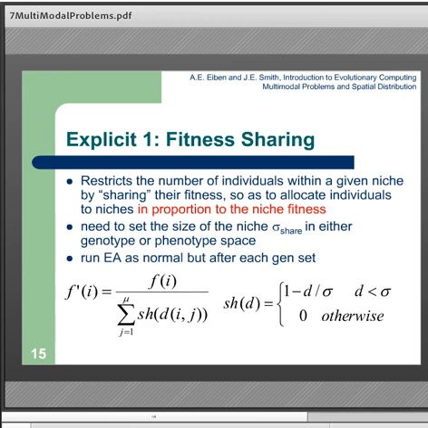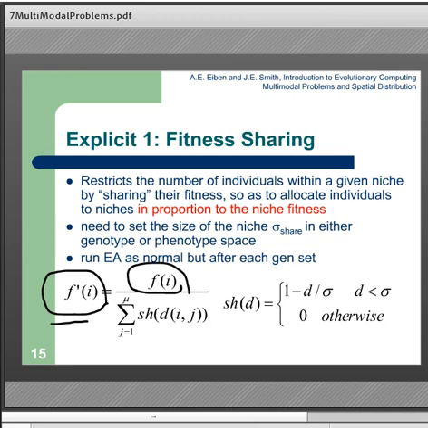Also, we introduced two explicit methods. Explicit is related to using fitness directly, not indirectly. We have two explicit methods. One of them is fitness sharing. In fitness sharing, we use f prime, or sharing of fitness, instead of f.